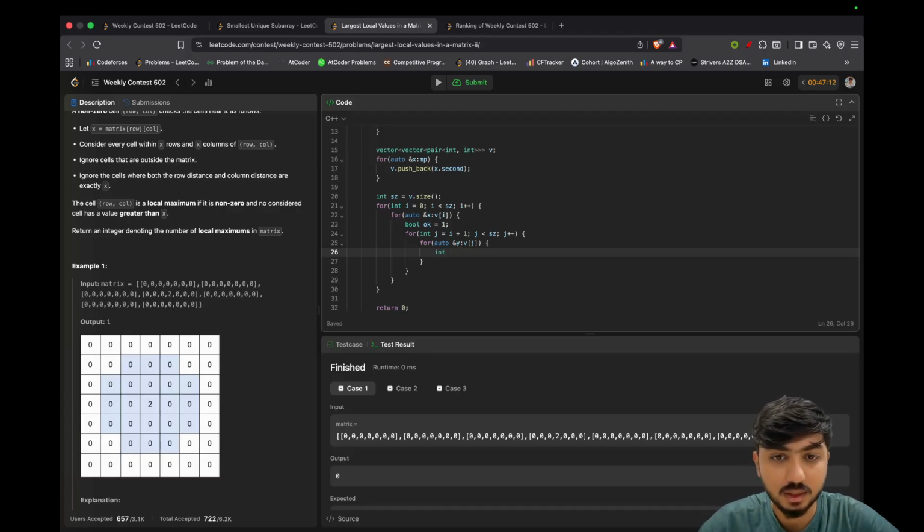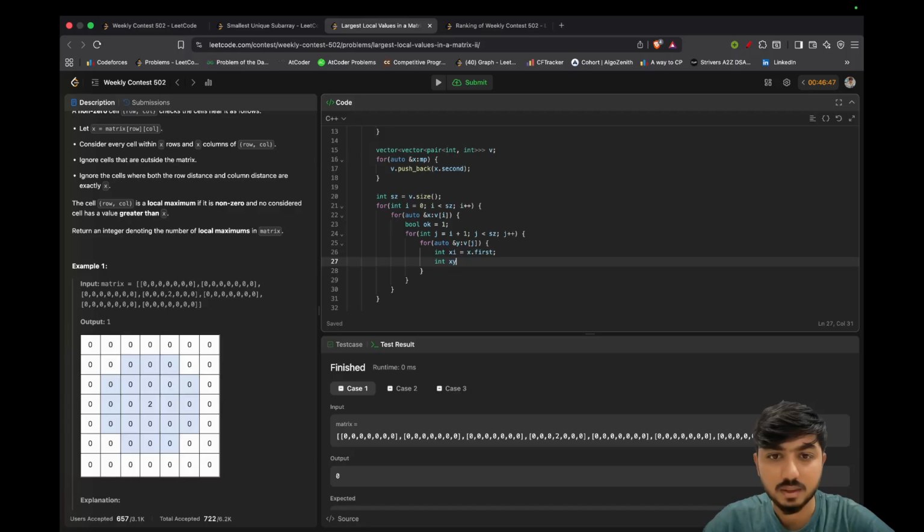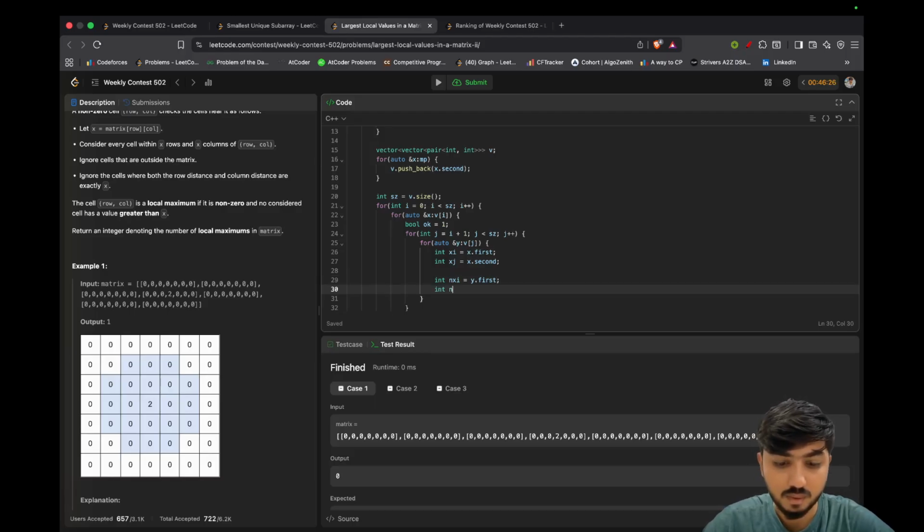So let's say, what is the boundary? Current xi is equal to x dot first, xj is equal to x dot second, new xi is equal to y dot first, new yi is equal to y dot second.